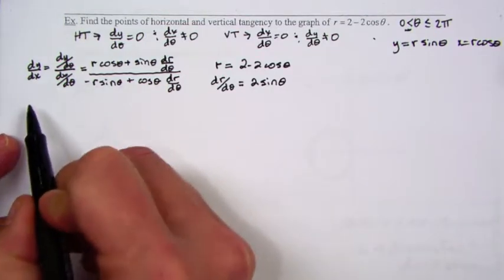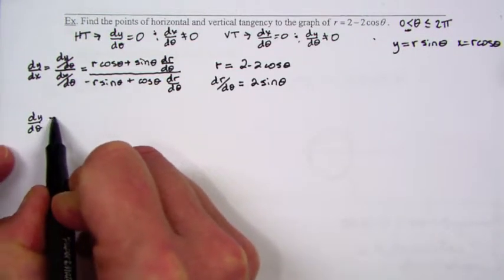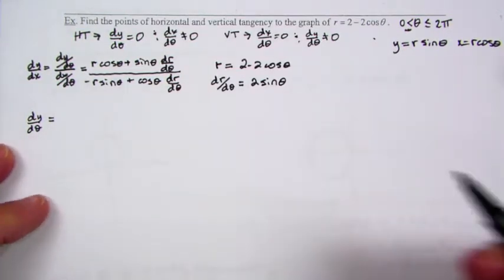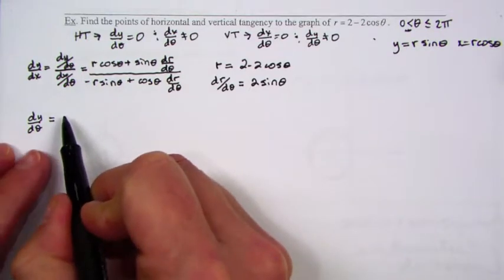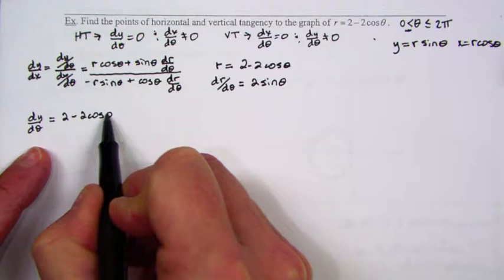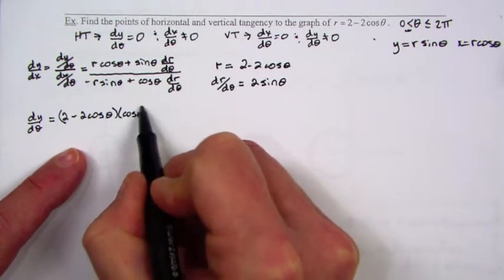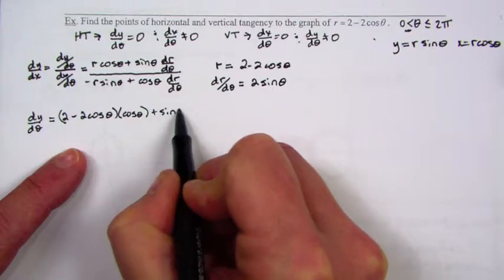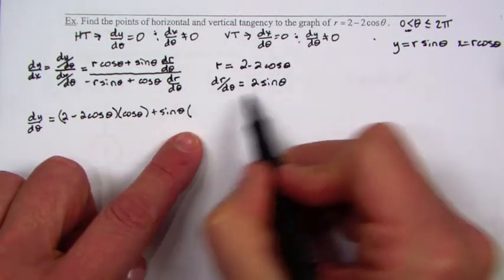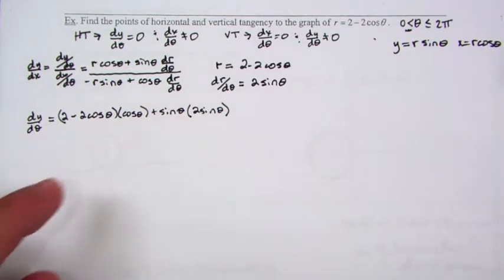Okay, so again, dy d theta is r cosine theta. The r is 2 minus 2 cosine theta times cosine theta plus sine theta times dr d theta, which I found right here to be 2 sine theta.